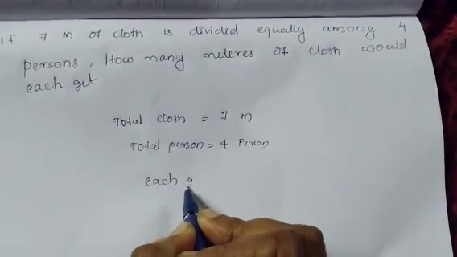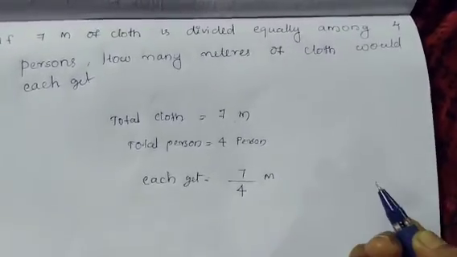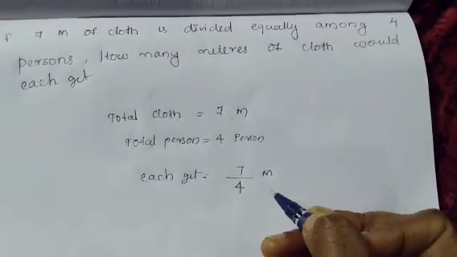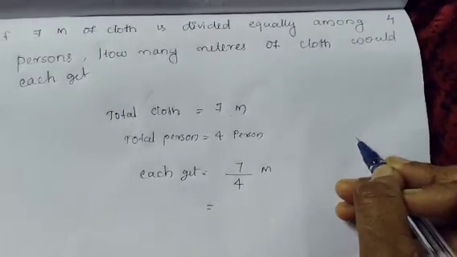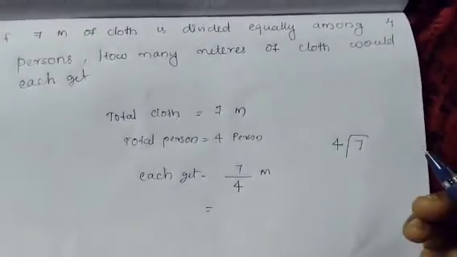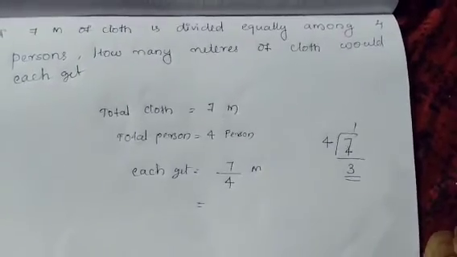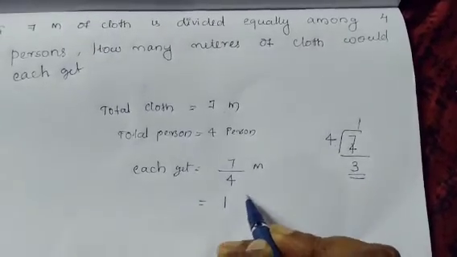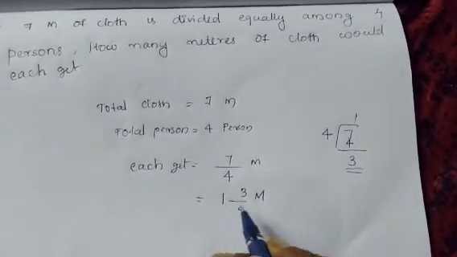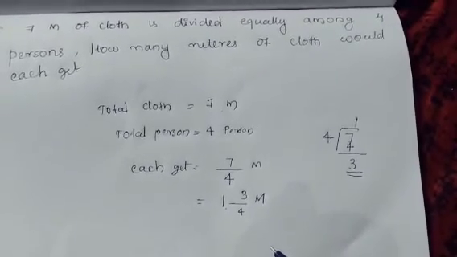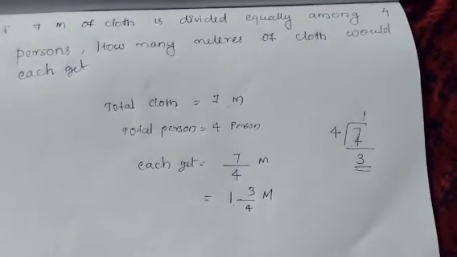Here each gets 7 by 4 meters of cloth. Okay, 7 by 4. If we need to express this in mixed fraction, just divide 7 by 4. 1 4 is 4, remaining is 3. Then the answer should be 1 3 by 4 meters. That is 1 meter and three quarters of cloth is needed for one student. Okay, this is my first problem.